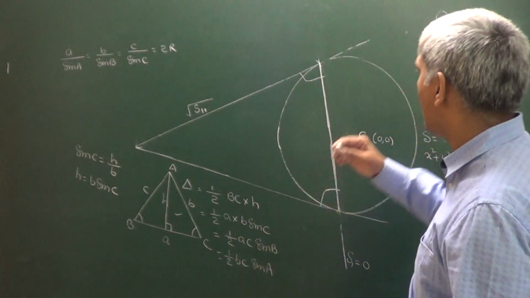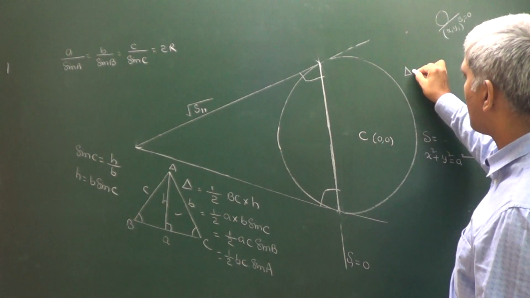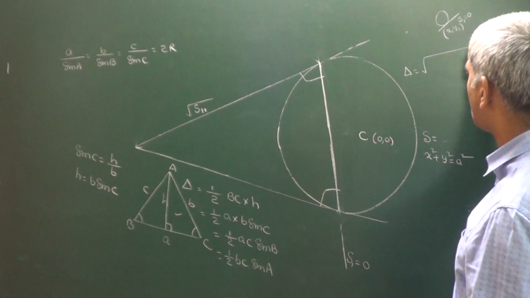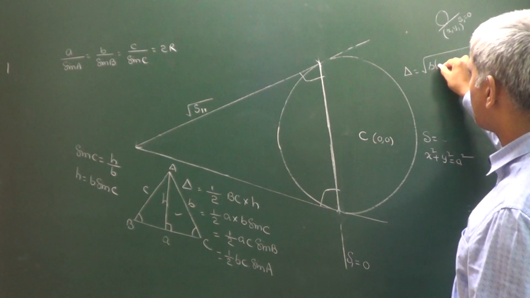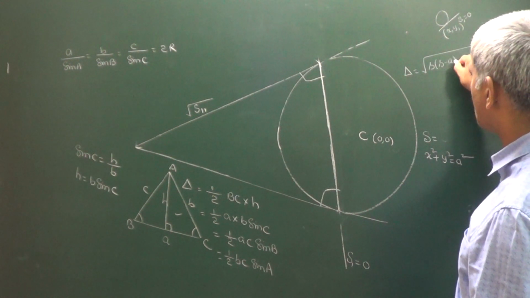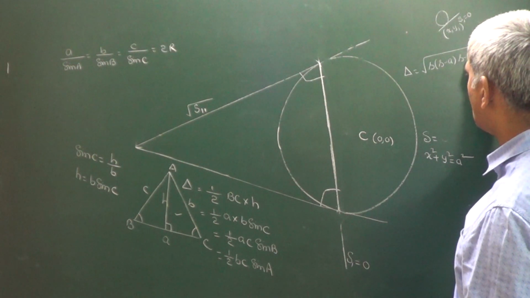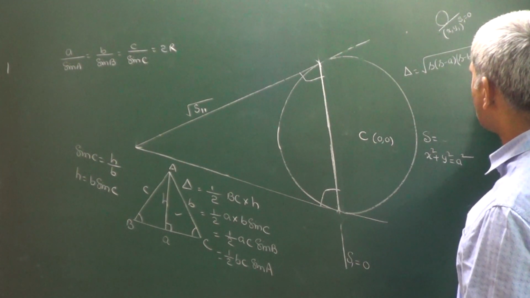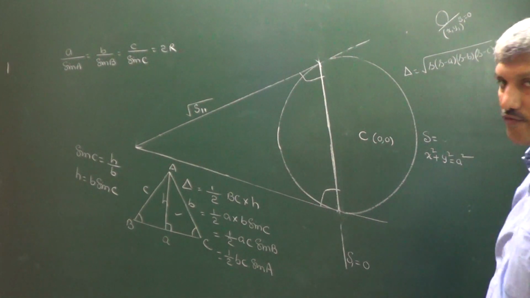You already know Heron's formula for finding the area of a triangle: delta is equal to square root of s into (s minus a) into (s minus b) into (s minus c).